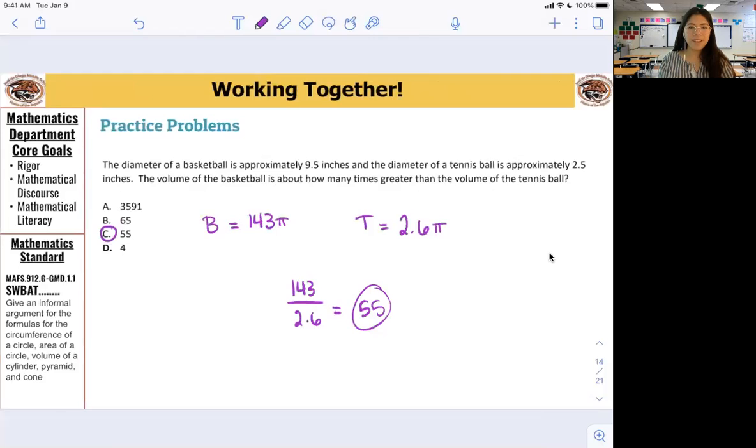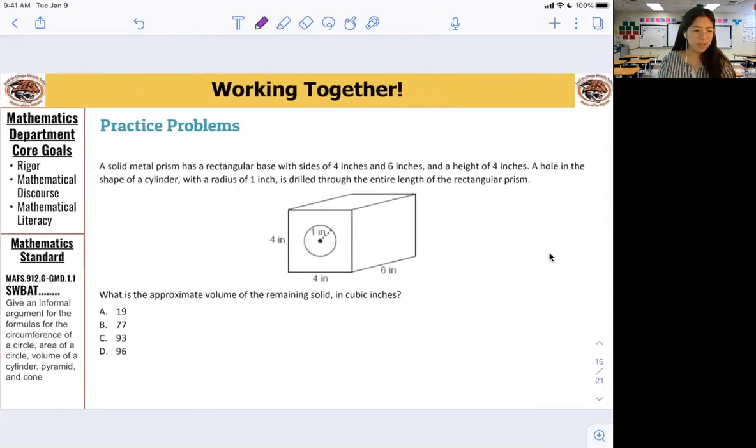Okay. This one was number 15. I got B. So this one was definitely another challenging one. You had to find the volume of the prism. The volume of the whole prism was 96. Then there's like a cylinder basically inside the prism. Think of it like it's in here and it goes out the other side.